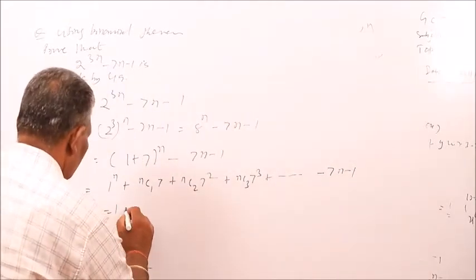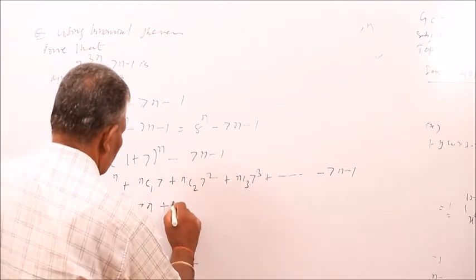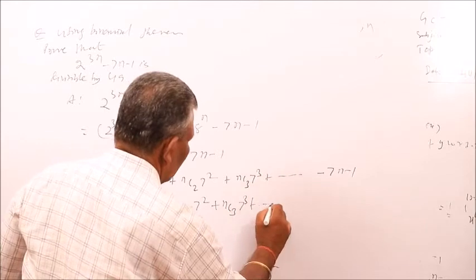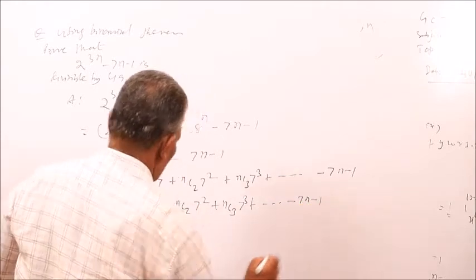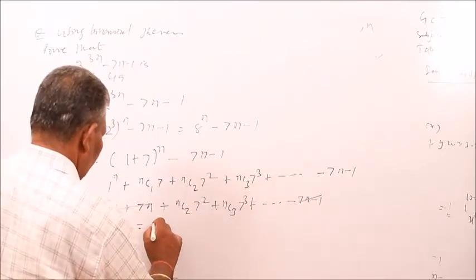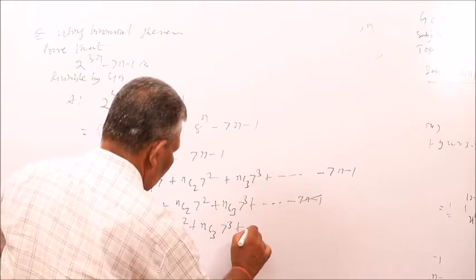You know NC1 is n, so 7n plus NC2 7 square plus NC3 7 cube and so on, minus 7n minus 1. We can cancel the first two terms and the last two terms. So we have NC2 7 square plus NC3 7 cube plus so on.